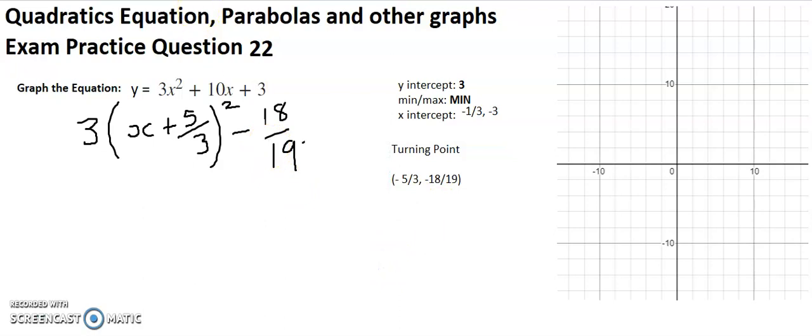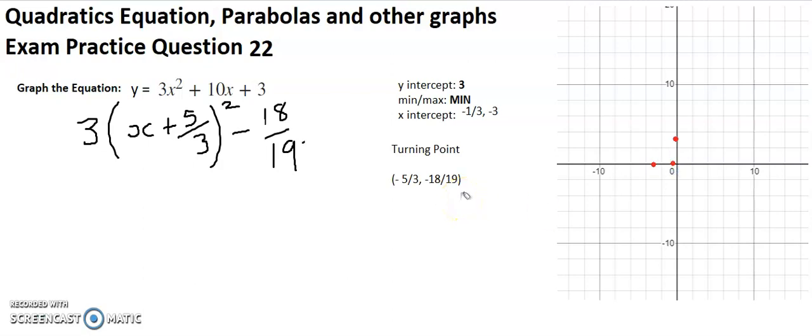So let's see if we can graph all of our points now. The y-intercept is 3. My x-intercepts are negative 3 and negative 1 over 3.